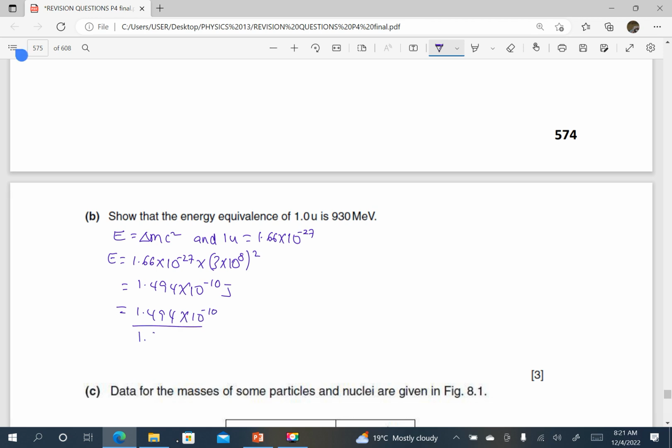So I divide by 1.6 times 10 power negative 13. And this gives me 933.7, which is approximately 930 mega electron volts to two significant figures.